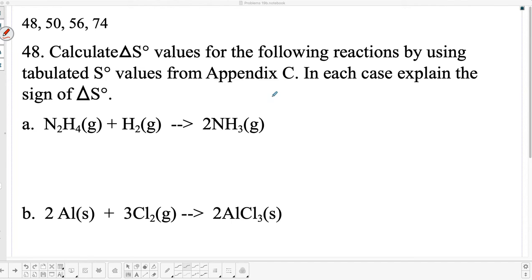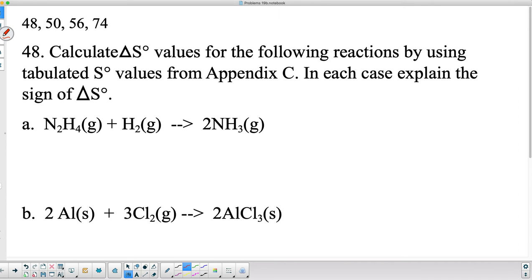Let me just check to make sure we're in good shape. There we go. Okay, so here I have N2H4, H2, and 2NH3. Like I do with all of my problems, the products always come first, minus the reactants.